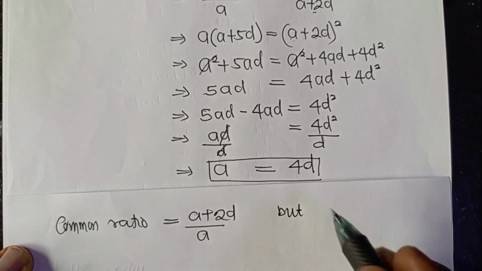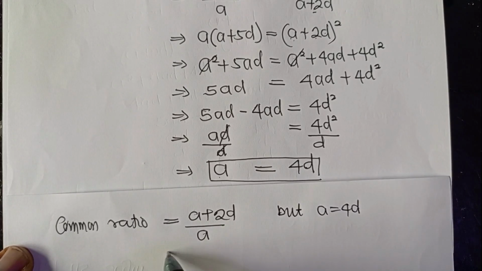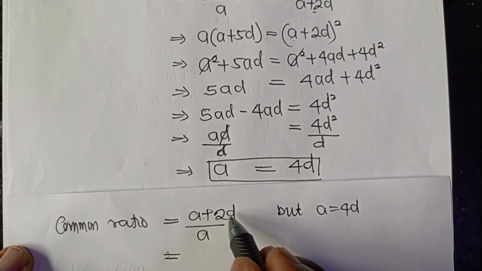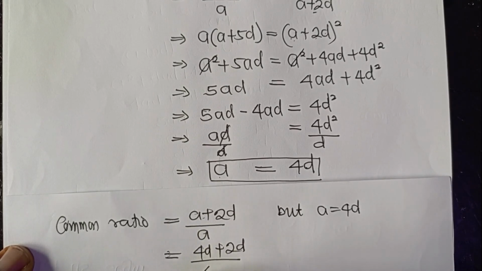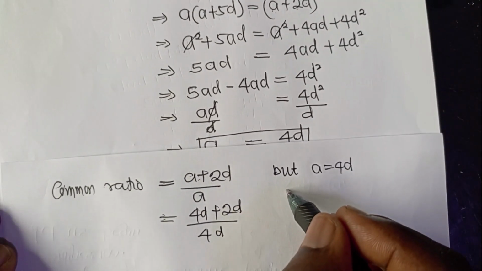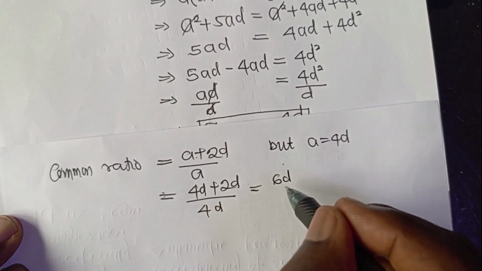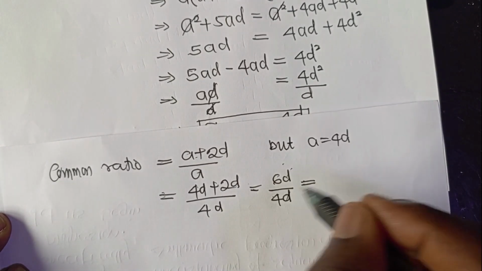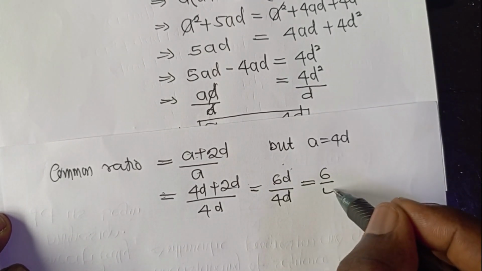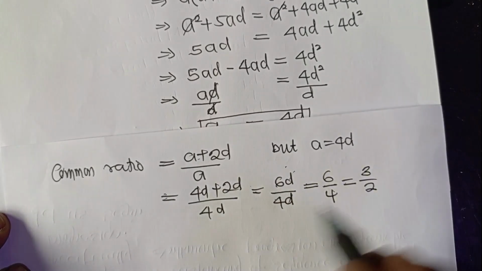But a equals 4d, so we put in 4d in place of a. We have 4d plus 2d all over 4d, which gives us 6d divided by 4d. The d will cancel d, and we are left with 6 over 4, which can be reduced to 3 over 2.